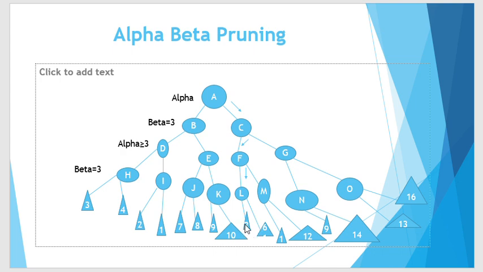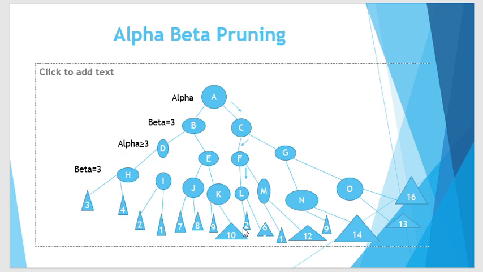On the other hand, we can get the other values also: 1, 12, 9, 14, 13, 16. But here we can see the value is 2. So beta value will also be 2, as it is a min node.